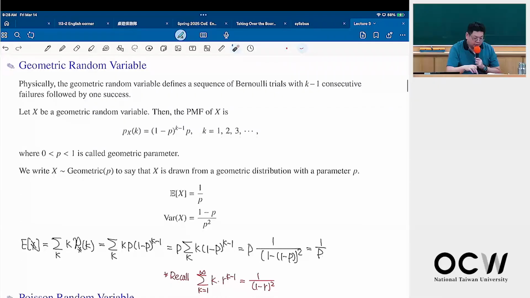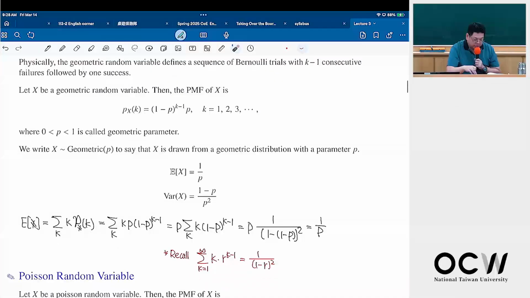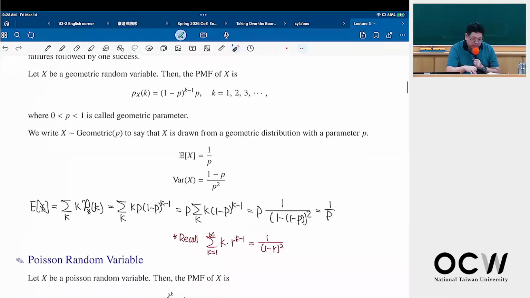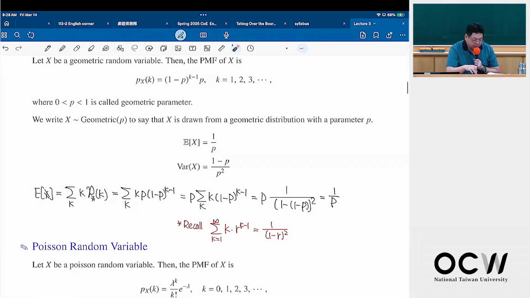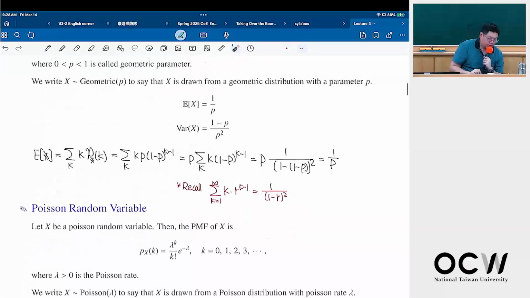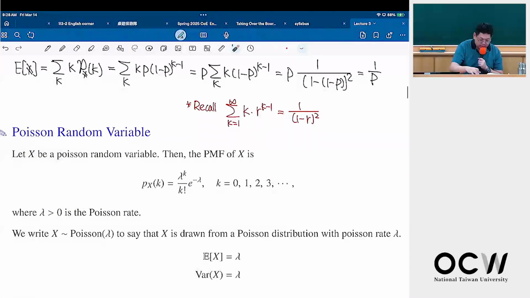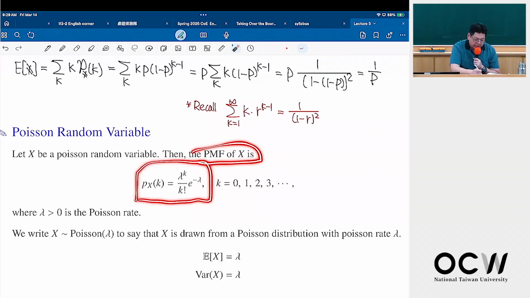The next one is Poisson random variable. This is also very common, and you will use Poisson random variable in communication. So what is Poisson random variable? X is a Poisson random variable. Then the PMF is in this form.